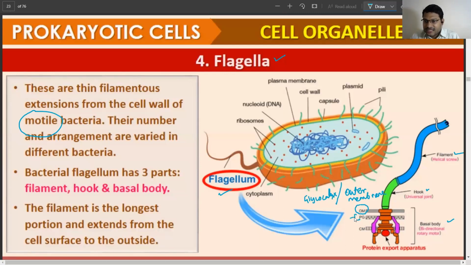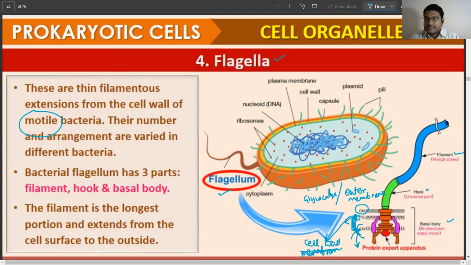Then you have the peptidoglycan layer. PG refers to the peptidoglycan layer, which is nothing but, I'm sorry, this is not a cell membrane. This is the cell wall. I'm very sorry.